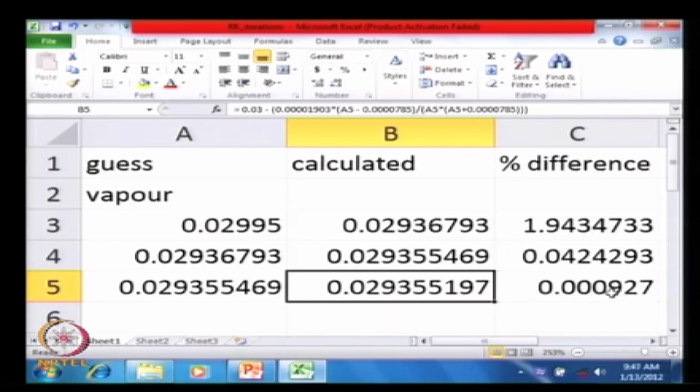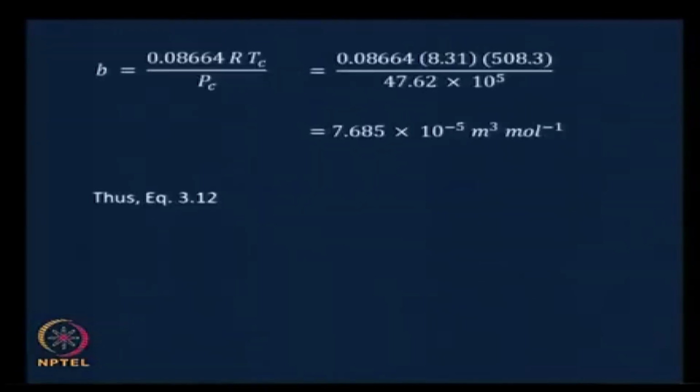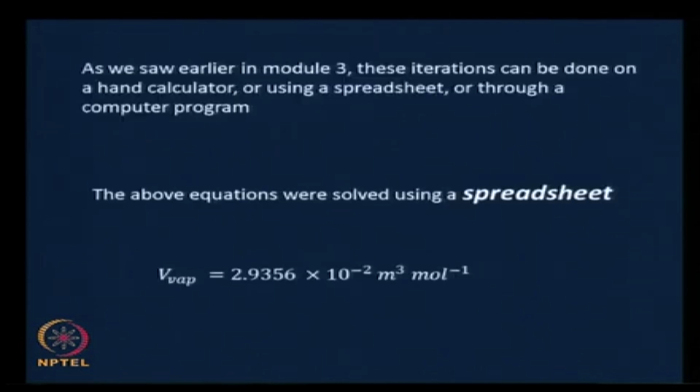This is definitely less than 10 power minus 3, therefore this becomes acceptable and we can choose this as our gas volume. So that is what we have done. We have chosen V vapor as 2.9356 into 10 power minus 2 meter cubed per mole.